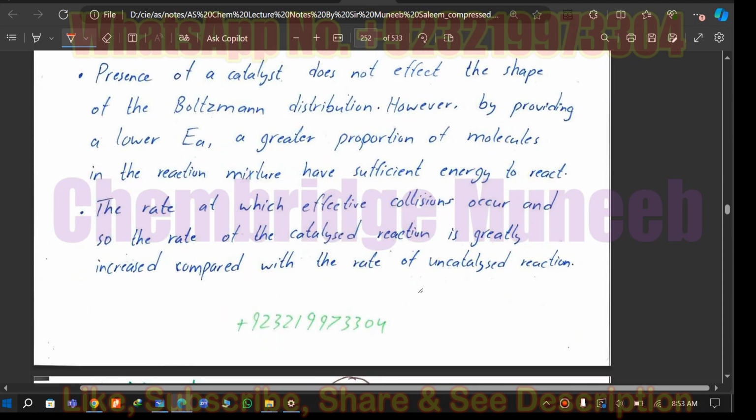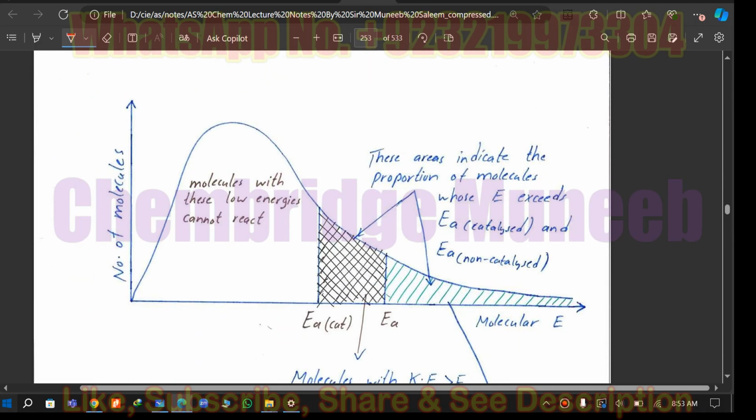Now this is the graph which shows when catalyst was used and when catalyst was not used. When catalyst was used, the vertical line shifted to the left, and when catalyst was not used, the vertical line shifted to the right.